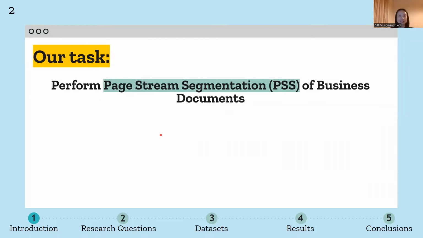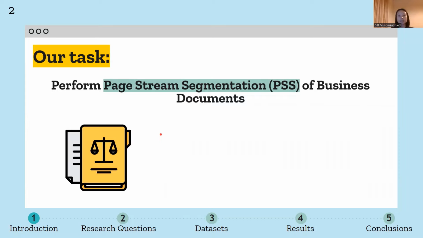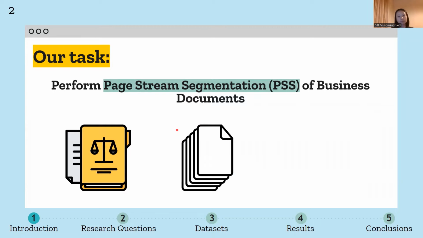So our task is, as the title suggested, to perform page stream segmentation, or PSS, of business documents. Imagine in legal settings where all documents belonging to a single case are often bundled together. Or in business settings where companies might sometimes use bulk scanning services to convert paper documents into digital files all in one go.